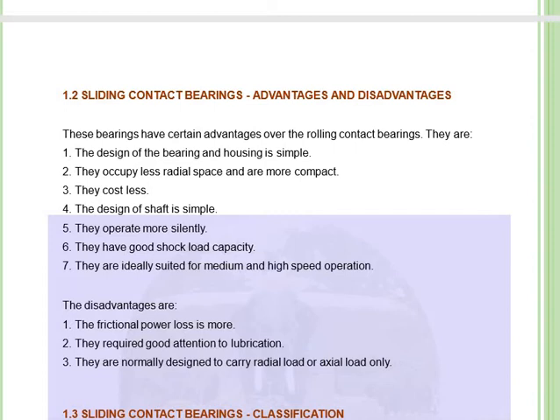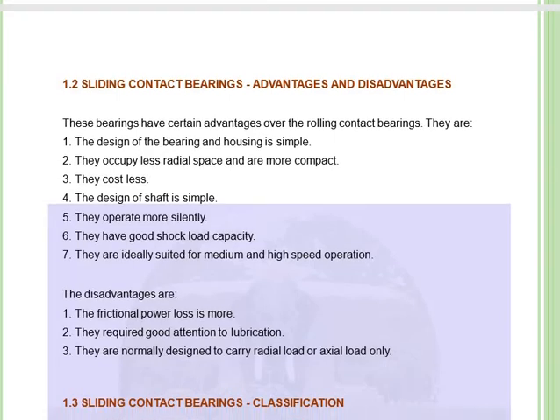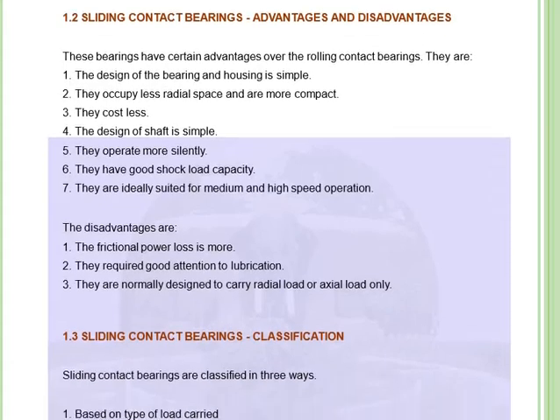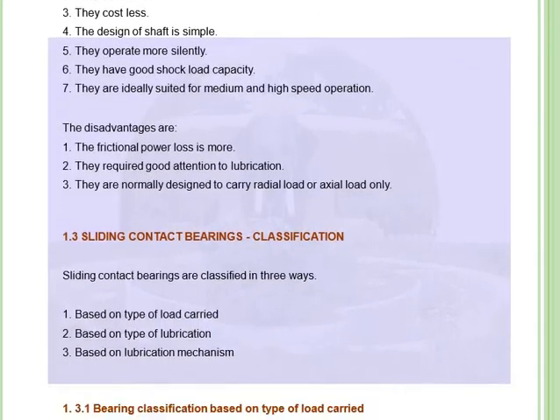They require good attention: whenever the shaft is rotating in the bearing, we have to lubricate the bearing to reduce friction. Another important disadvantage is that they are normally designed to carry only radial load or axial load.